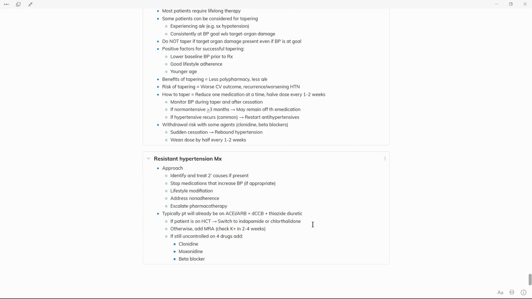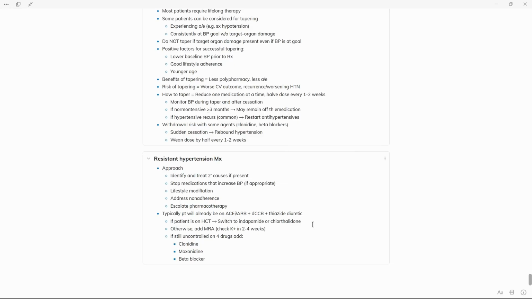So typically, the patient with resistant hypertension, by definition, will already be on an ACE inhibitor or an ARB, plus a calcium channel blocker like amlodipine, plus a thiazide diuretic. If the thiazide diuretic that the patient is on is HCT, then we should switch them to indapamide or chlorthalidone because it is more effective than HCT at lowering blood pressure. Otherwise, if the patient is already on all three, then we add an MRA.